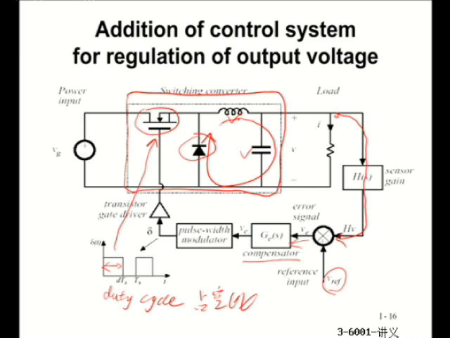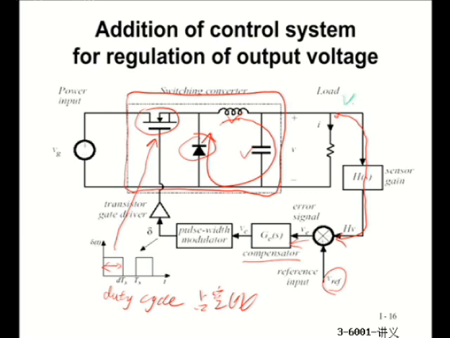Okay, so let's come back to the feedforward and feedback. Now I know some students still have some puzzles on that. When we measure the output voltage and compare with the command signal, then through a controller like this, you can clearly see a closed loop formed.